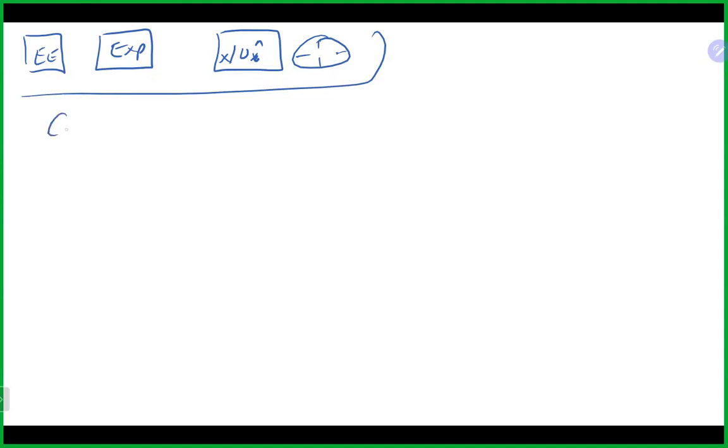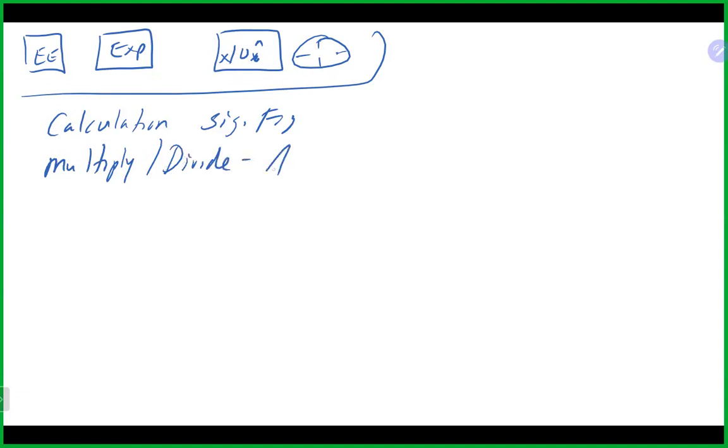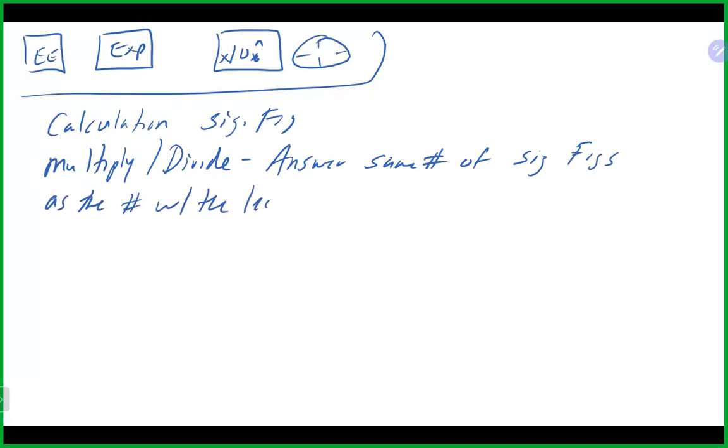We talked about calculations that involve significant figures, and remember that if we multiply or divide, our answer should have the same number of sig figs as the number with the least number of sig figs.